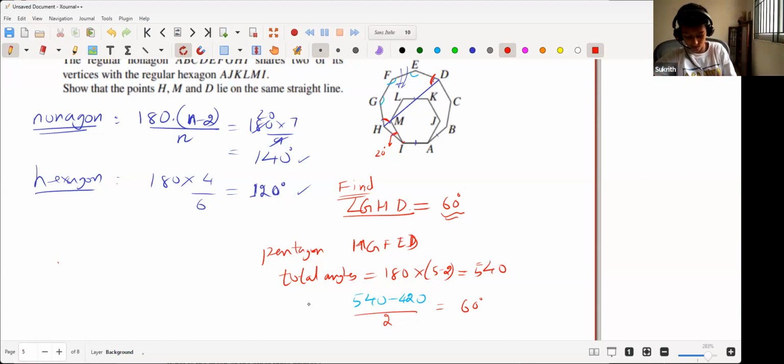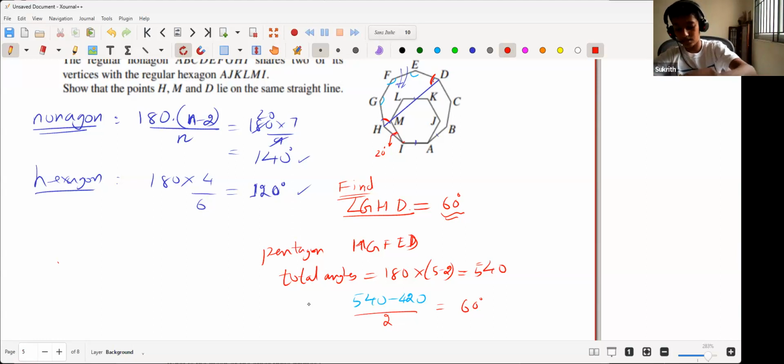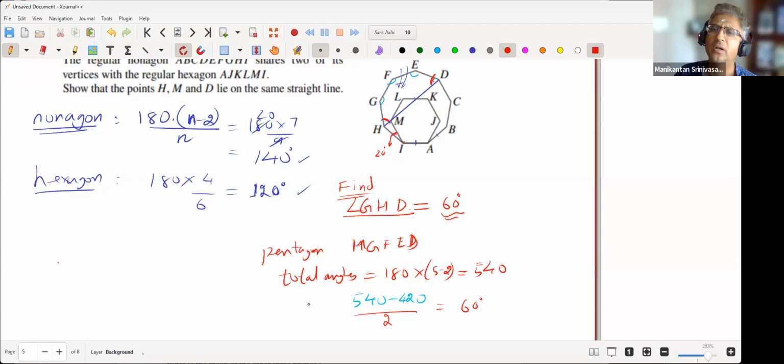So it would be 80 degrees. And then I made ABCD a hexagon.